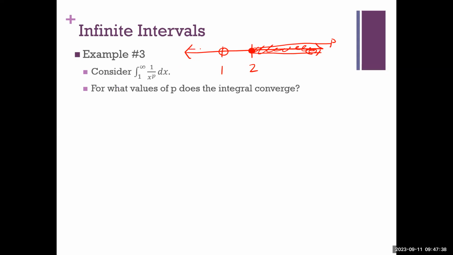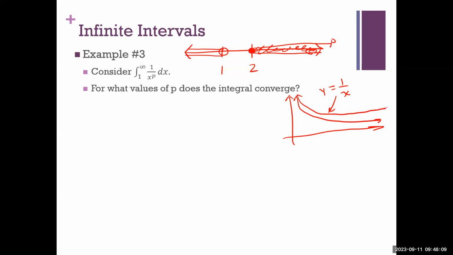By the same logic, looking at the opposite direction, anything less than 1 is going to diverge. Because if this right here is 1 over x, and that integral diverges, then anything with a smaller power is going to decrease even less rapidly, so you're going to have even more area to consider there.